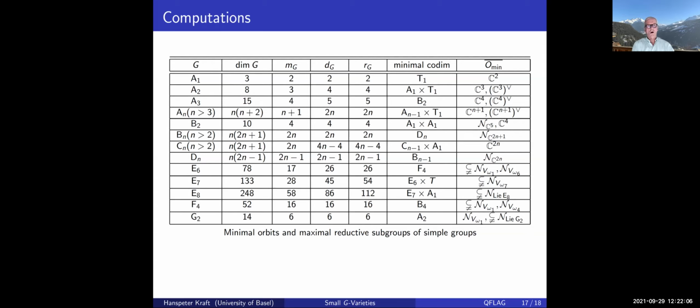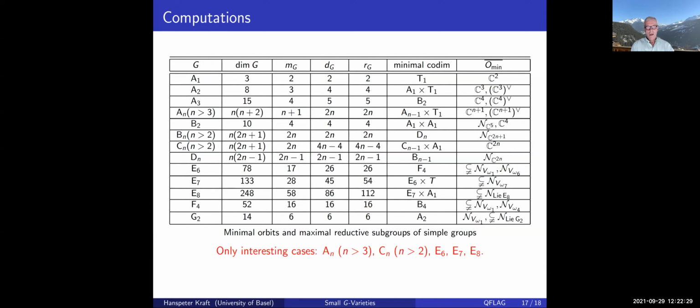So you see the only interesting cases where mg is definitely smaller than dg are type An, type Cn, and interesting, E6, E7, and E8. All the rest is not interesting. G2 not, F4 not, Dn not.